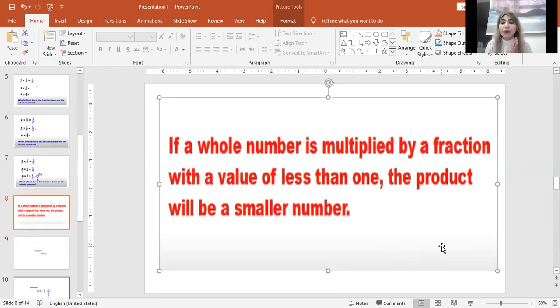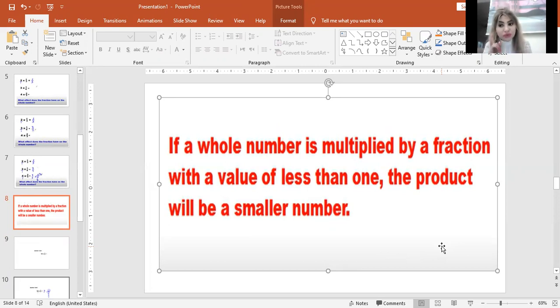If a whole number is multiplied by a fraction with a value less than 1, the product will be smaller than that number.